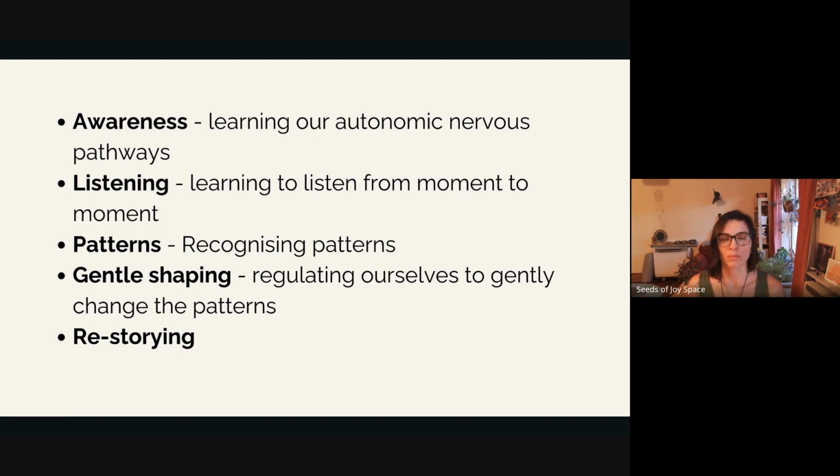And so what happens is that when we learn about these nervous states that we have, we will recognize that maybe sometimes we get stuck in one of them or in another one. What we can do is develop awareness of what helps us get out of these states.